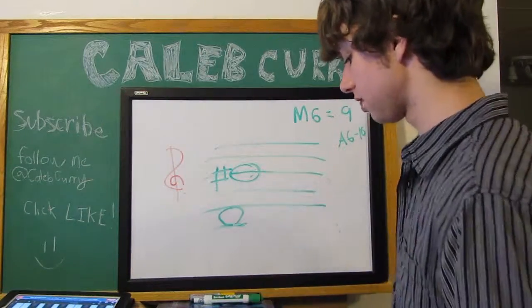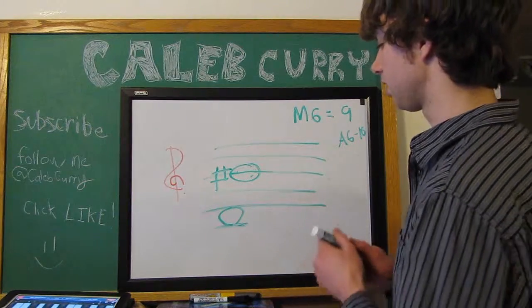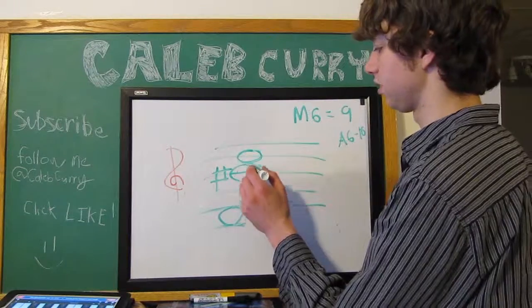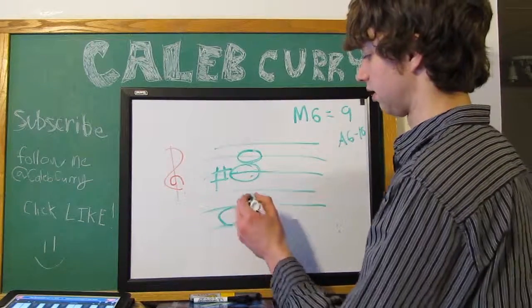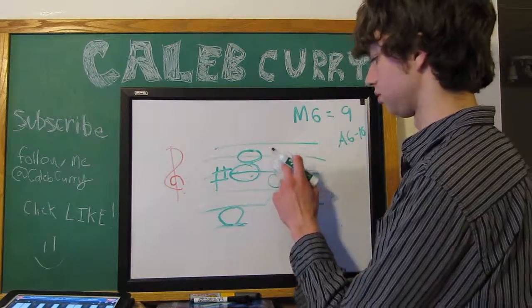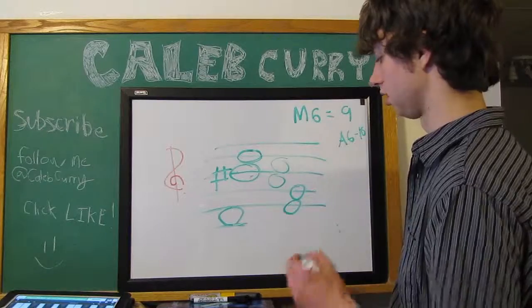So that's some good practice, and that's all we're going to do for this video. But I do want to say, when you're counting from line to line, it's a third. So if there's a note here to here, it's a third. If it's space to space, it's a third. And that's because 1, 2, 3, it's just easier to remember. So if I'm here and I'm going to here, it's a third.